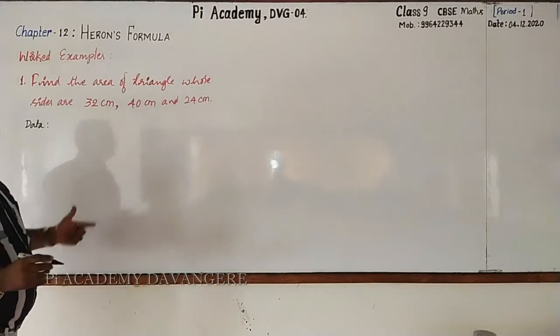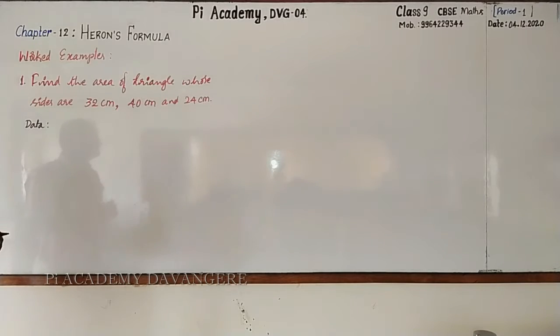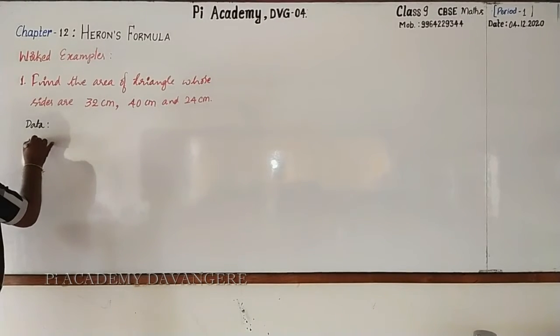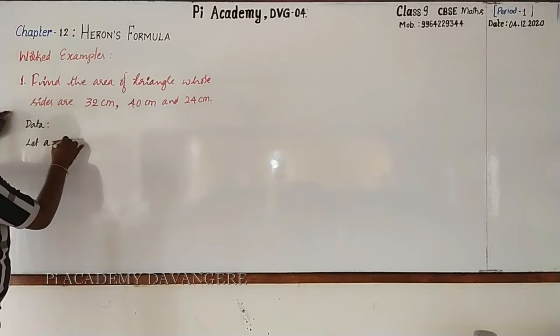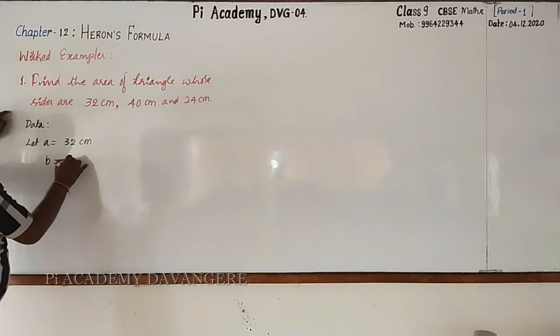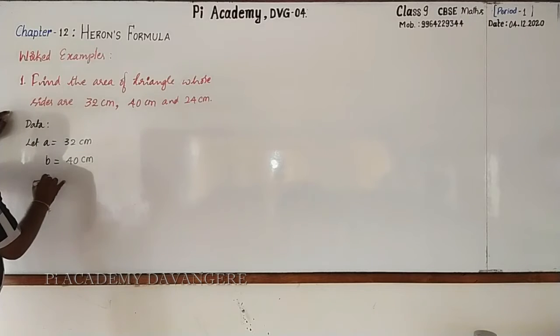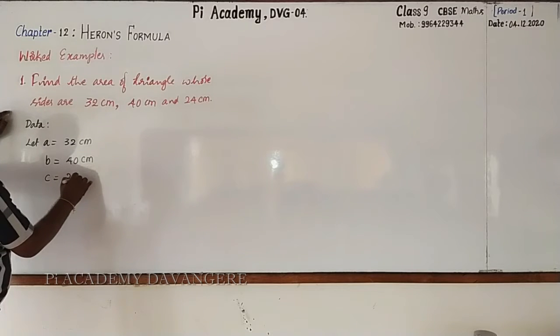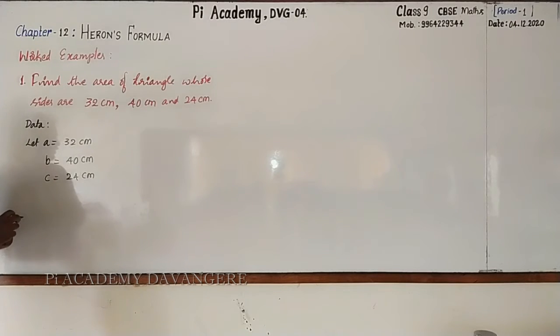Let us assume the sides as A, B and C. Here I write. Let A equal to 32 centimeter, B equal to 40 centimeter and C equal to 24 centimeter. Followed?